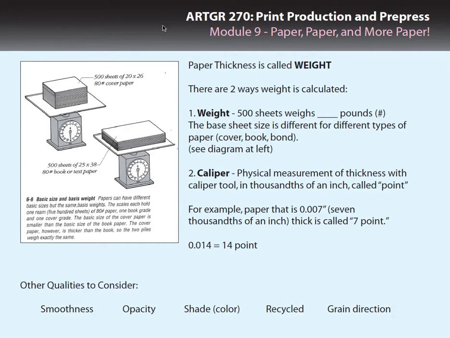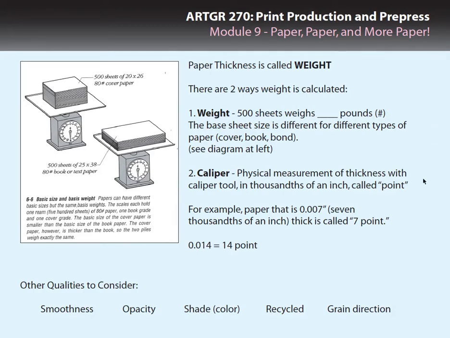When you're deciding on paper, you would decide on the coating, and then you also decide on the weight of the paper, which is also the thickness. The thickness is determined in different ways. When you're talking to a salesperson and asking about paper, they will mention paper in terms of pounds, like do you want 80-pound paper or 100-pound paper.